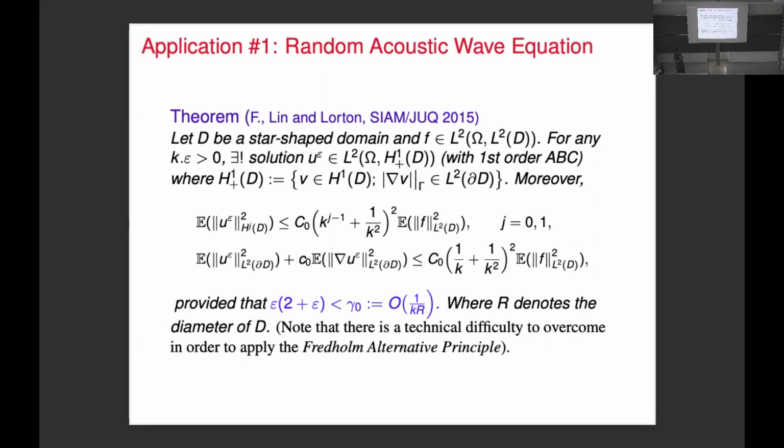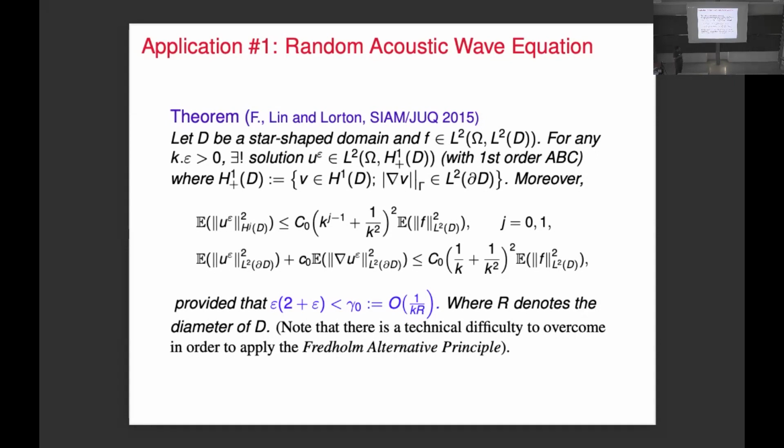And then you can derive this estimate explicitly in terms of the wave number, which is important if you are interested in the finite element error estimate. How does the error constant depend on the wave number? That is important. And this is true if epsilon satisfies this condition. It's not always true. At least that's the only case we can prove.